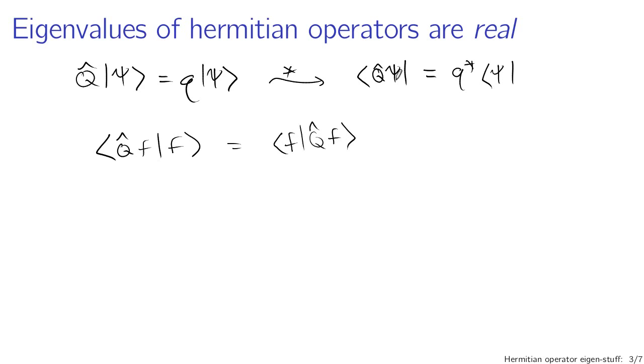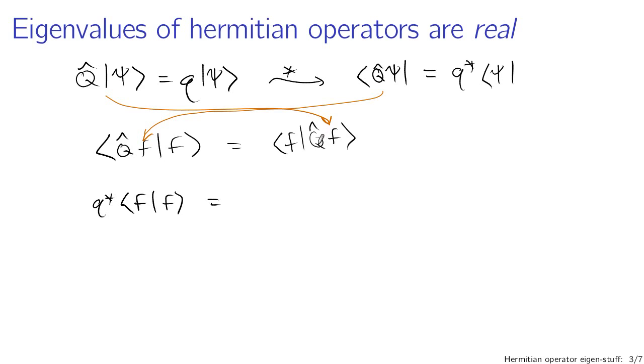Now, if I apply this sort of expression over here, and this sort of expression over here, you can see what's going to happen. Applying the operator on the left turns this into q complex conjugate f, inner product with f, and applying this expression on the right turns this part into q, the number, multiplying f.